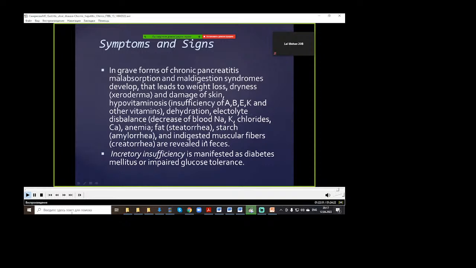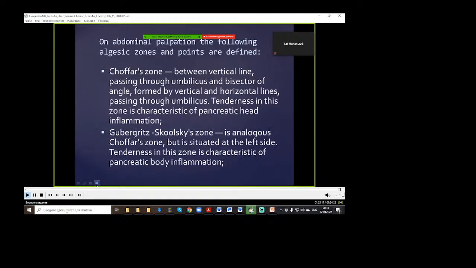Fat in stool, steatorrhea, starch, amylorrhea, and undigested muscle fibers, creatorrhea, are revealed in the case of presence of these syndromes, malabsorption and maldigestion. And the last, incretory insufficiency is manifested as diabetes mellitus or impaired glucose tolerance.